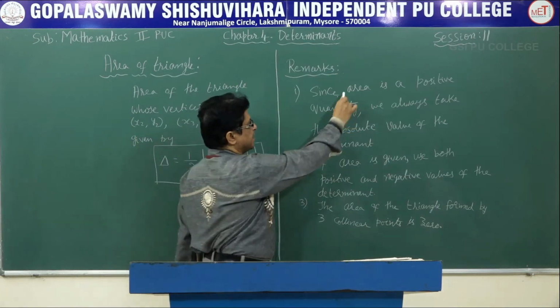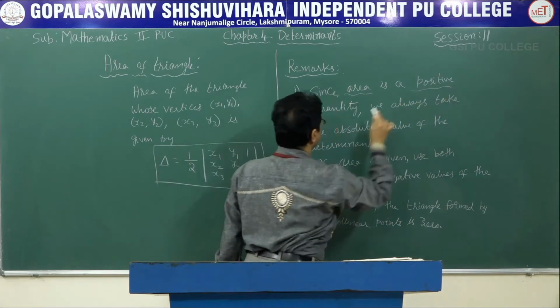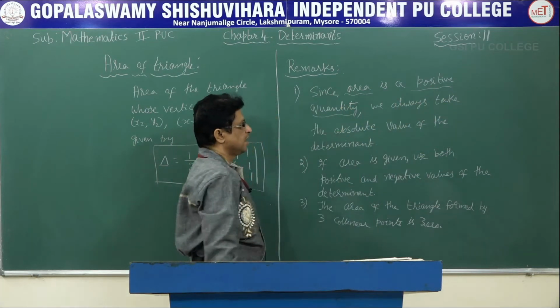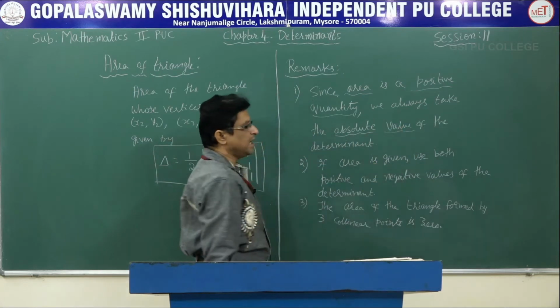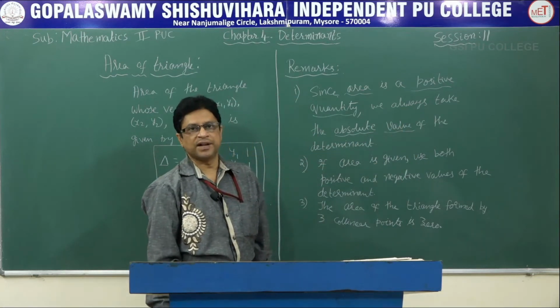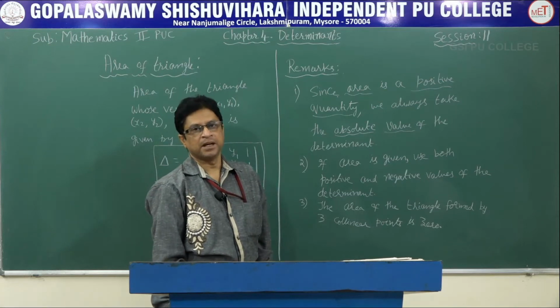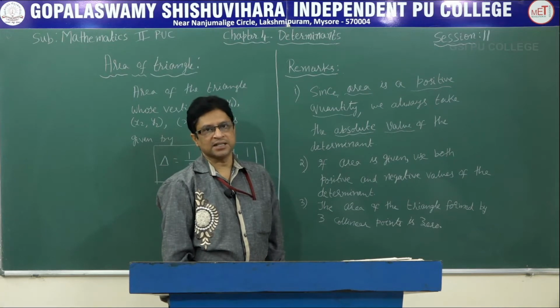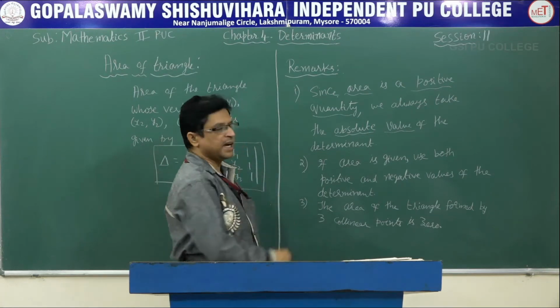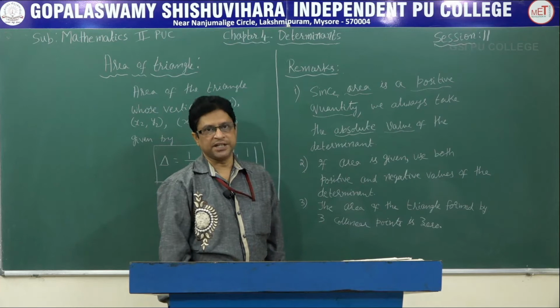Since area is a positive quantity, we always take the absolute value of the determinant. Suppose while doing the problem the answer is negative, we reject the negative because the area is always positive.